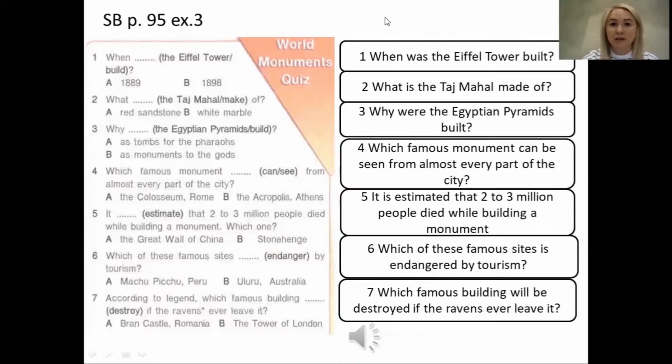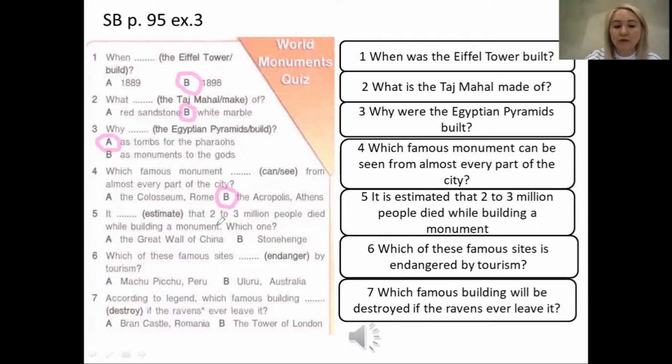So let's check your answers. In the first question, the correct letter is B. In the second one, the correct letter is also B. In question number 3, we have A. In picture number 4, B is right.